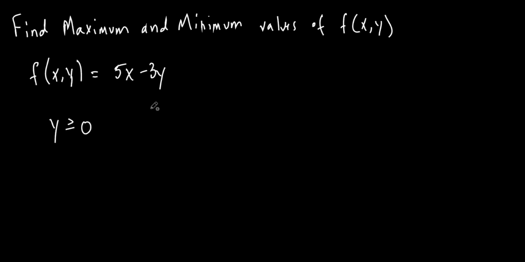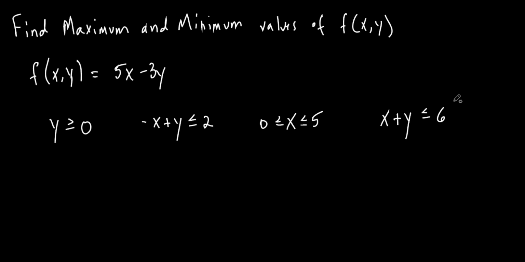So that's your first one they give you. And this is another one that they give you. And here's another one. X is between 0 and 5. And here's the 4th one they give you. X plus y is less than or equal to 6.